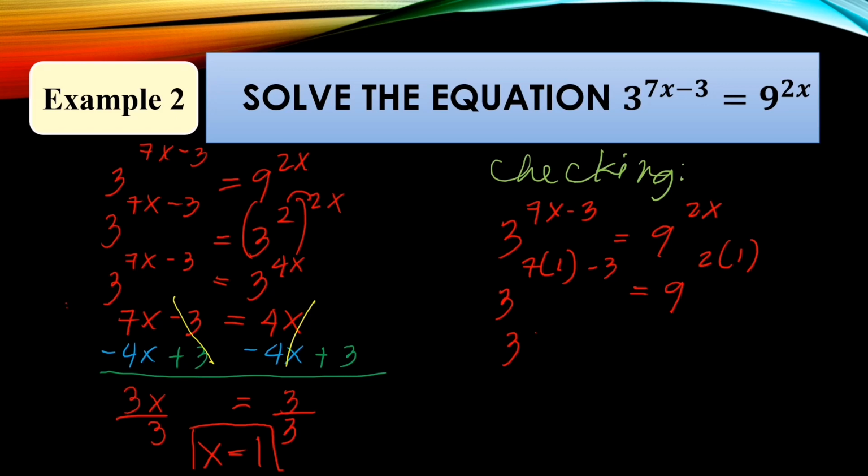So 7 times 1 is 7, minus 3. So 3 raised to 7 minus 3 is 4, is equal to 9 squared. So 9 squared is 81 and 3 raised to 4 is 81. So meaning it is correct.